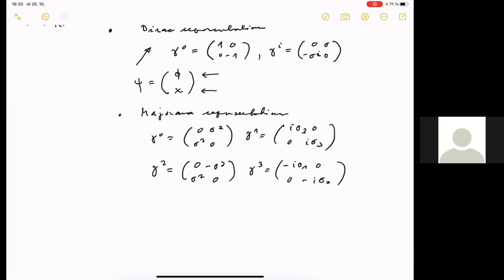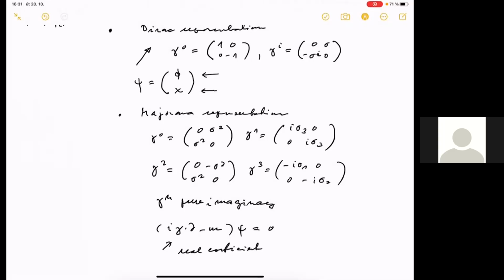What is interesting about this Majorana representation is that all the gamma matrices are pure imaginary. And therefore, the Dirac equation is an equation with real coefficients. This i simply cancels these i's in the gamma matrices, and the Dirac equation has real coefficients.